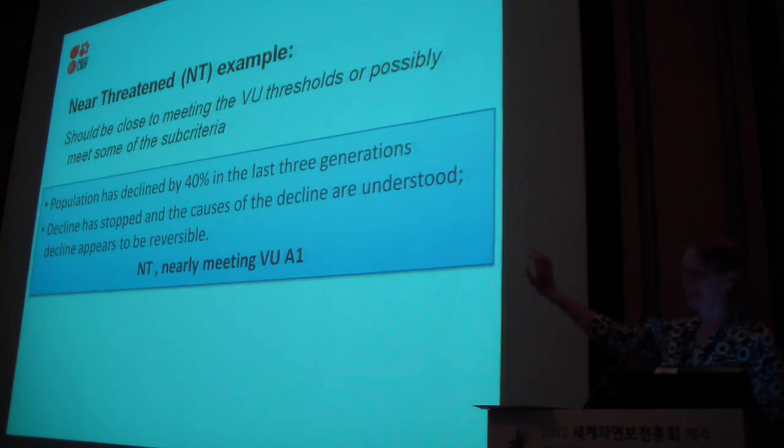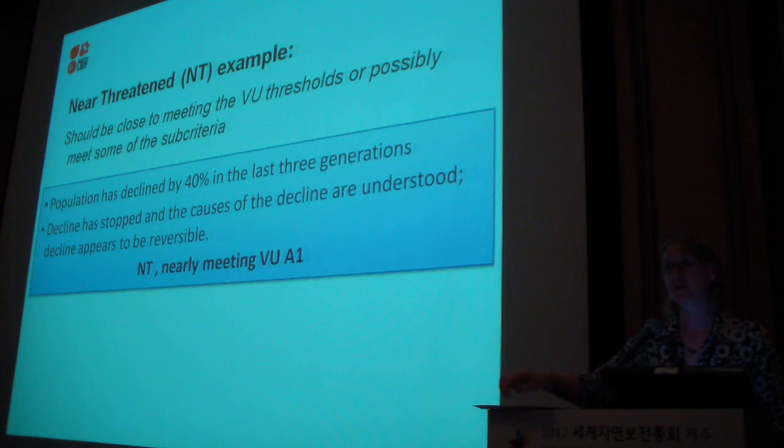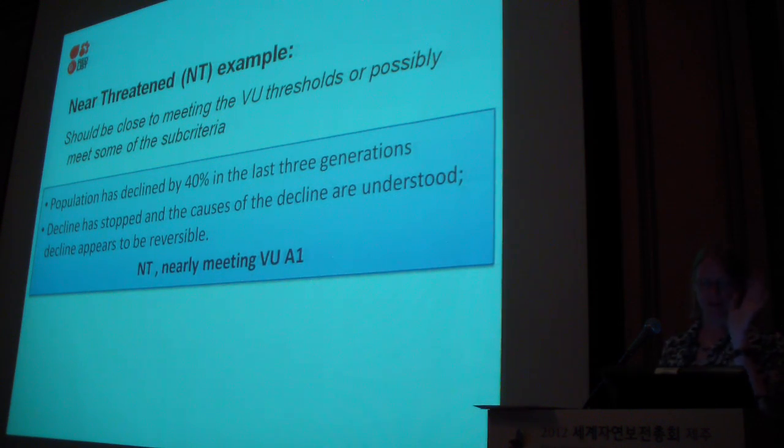Right, actually I think this is wrong, because if it's declined by 40%, then it's more than 30%, so it should be vulnerable under criteria A1. If the population had declined by, say, 20% or 25%, then it would be near threatened on the basis that it almost meets. No, this is A1. Oh, it's A1? Sorry, higher threshold. It's me that's wrong.